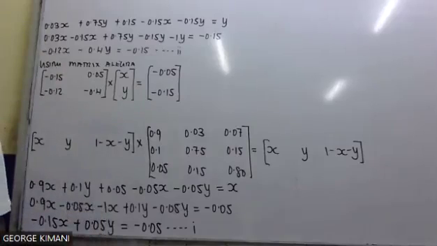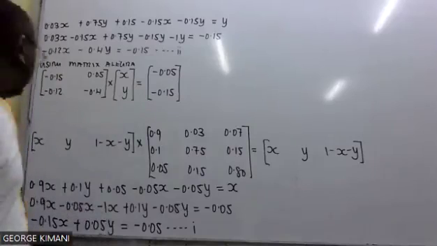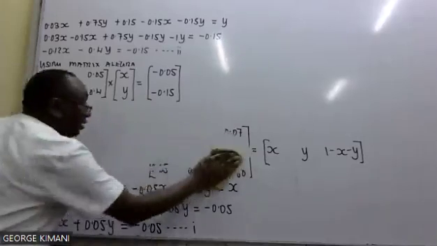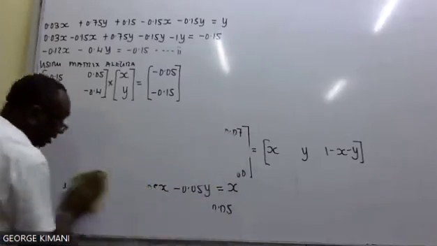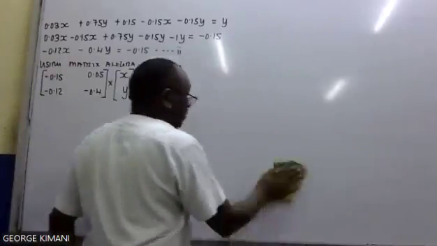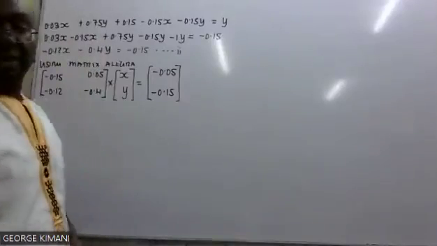But you can still solve using the elimination method. Because we are in the area of matrices, I like using that method so that we are able to remind ourselves of how to use matrices to solve simultaneous equations.